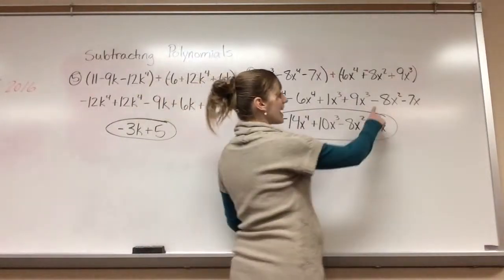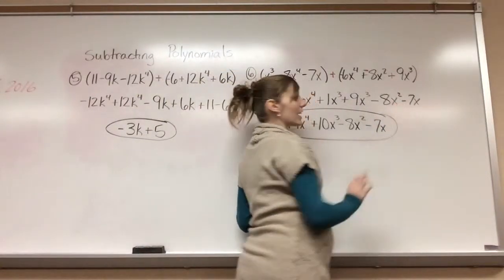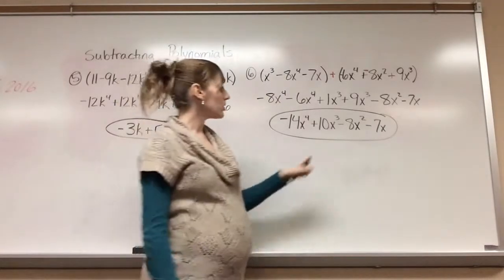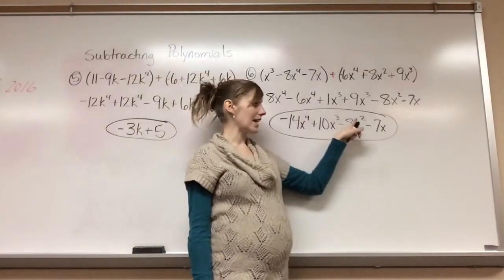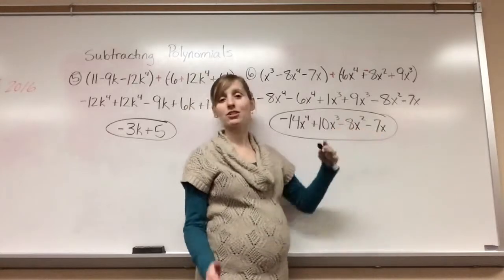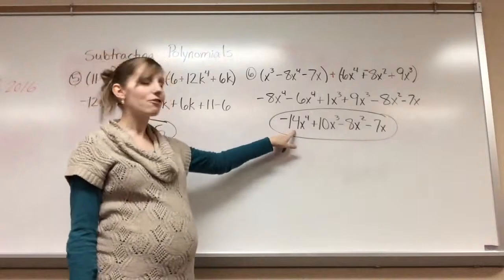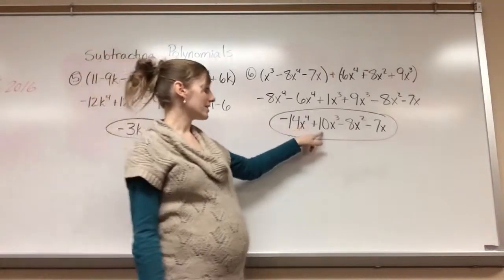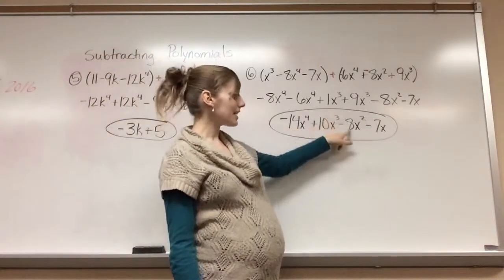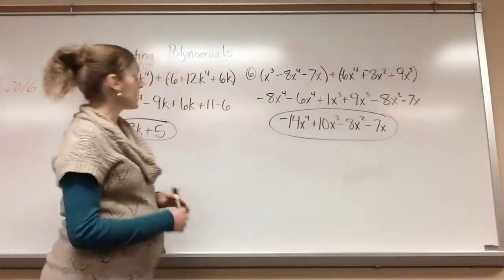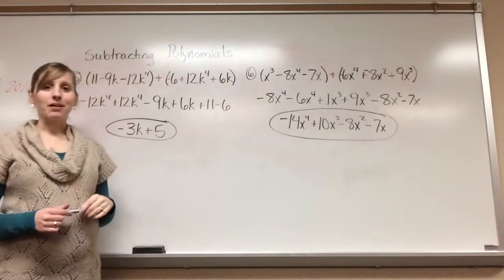And then I found that negative 8x squared and minus 7x did not have the same exponent, so I could not combine them, which meant I left it as minus 8x squared minus 7x. I just brought those two down. So our final answer for number 6 is negative 14x to the 4th plus 10x to the 3rd minus 8x squared minus 7x. And that's the end of our lesson on subtracting polynomials.